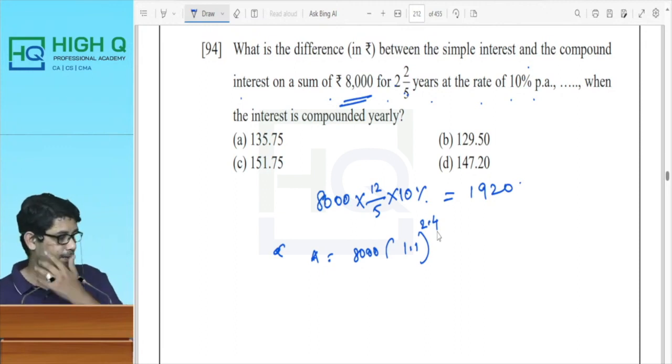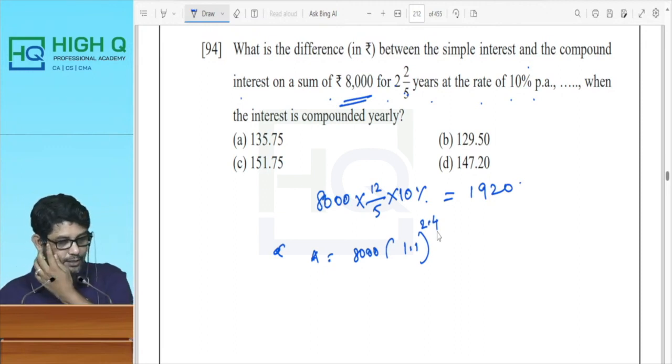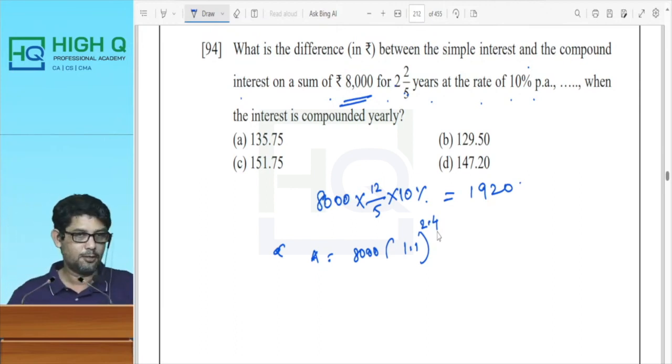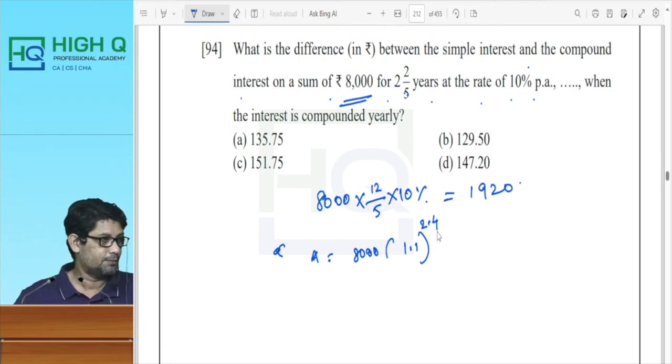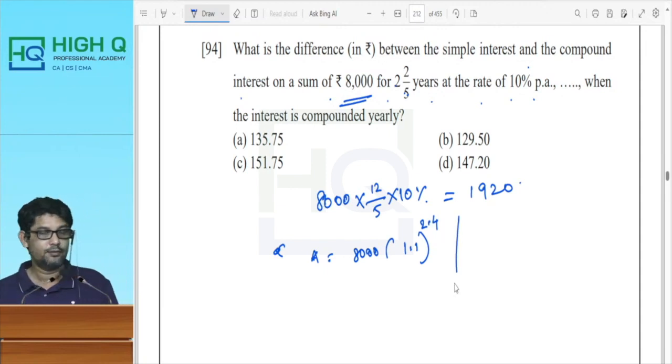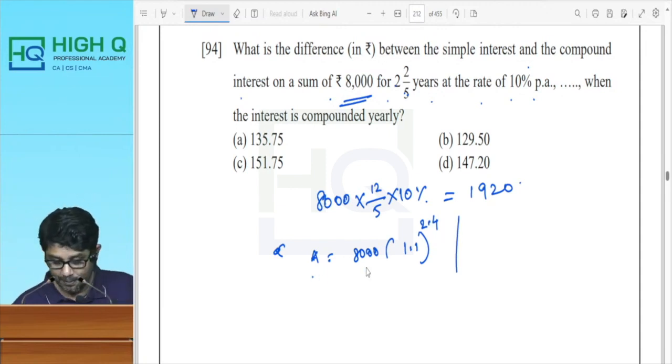Please understand. Actually, in the examination, they have to give you this value. But still, if you want, you can find it out by using logarithms. Now, apply log on both sides.